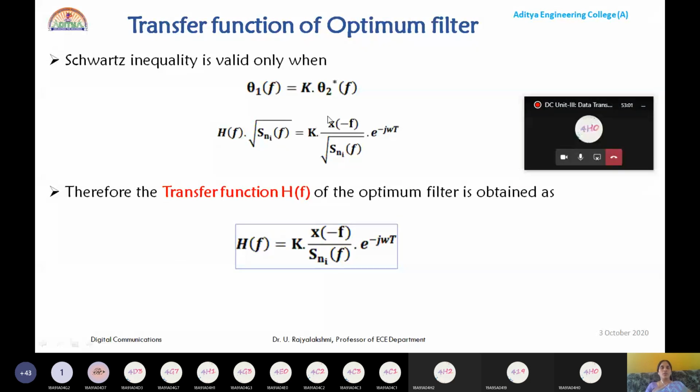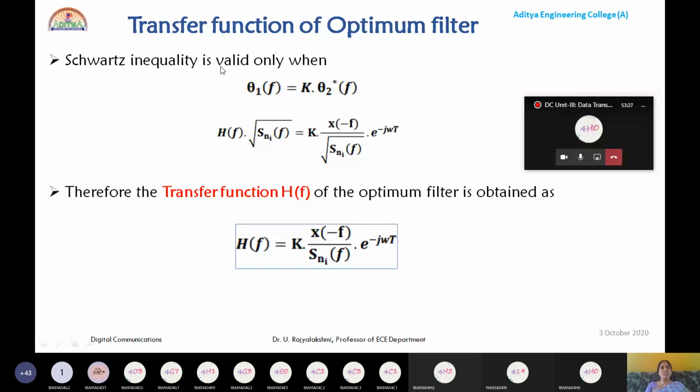Next, I told you that we can calculate the transfer function for the optimum filter. Here I told you about the Schwarz inequality, and this inequality is valid only when theta 1 of f, the first function, is equal to some constant k times the complex conjugate of theta 2 of f.